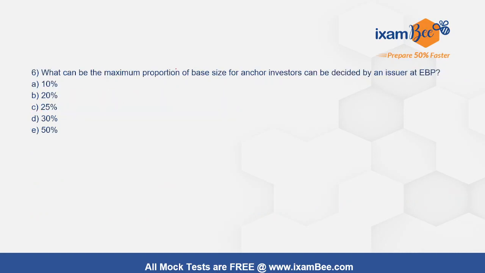What can be the maximum proportion of base size for anchor investors that can be decided by the issuer at the electronic book provider platform? In this case as well, there is an option for an issuer to go for anchor investors, as we have seen in IPOs, where those issues are offered to anchor investors so as to give the impression to prospective investors that this is going to be a good issue for them as well.